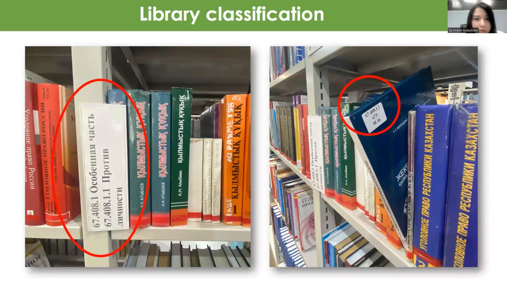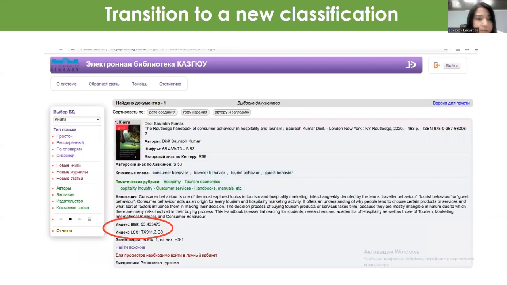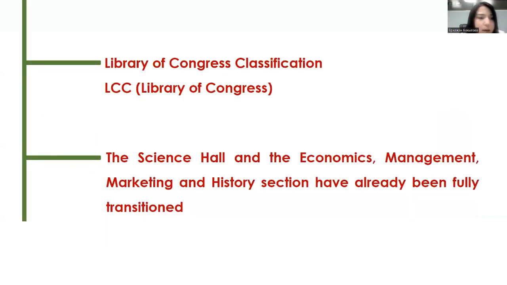So this is how books look like. The library has switched to the new LCC classification system. The scientific hall sections on economics, management, marketing, and history have been completely transferred to the new system.